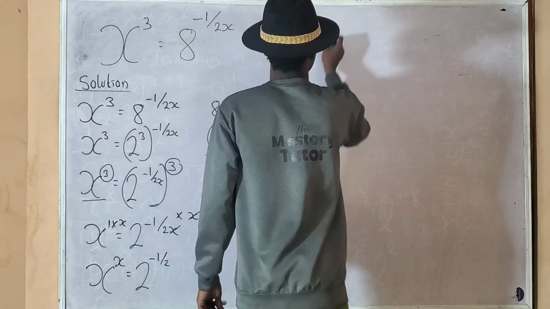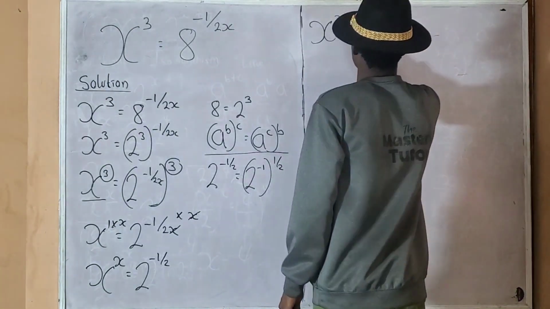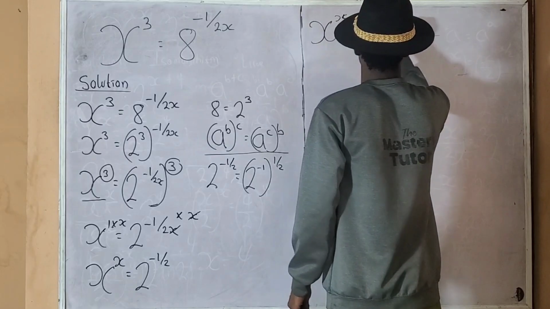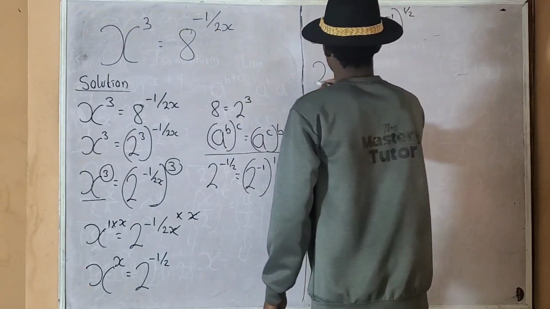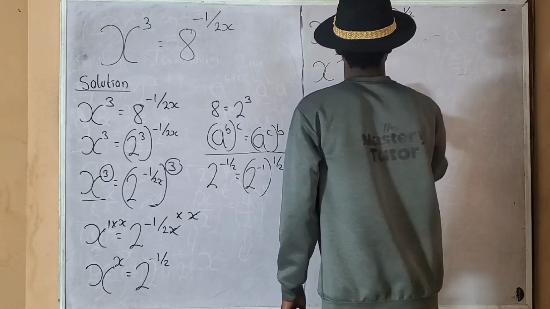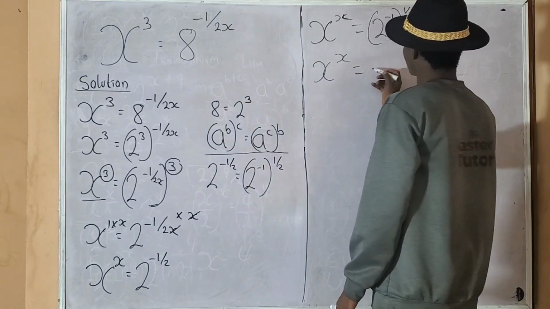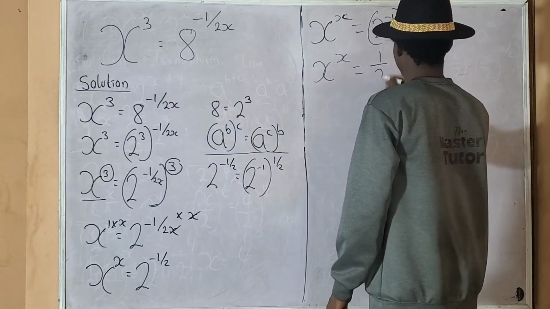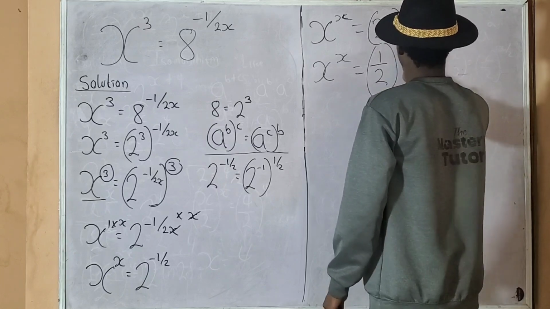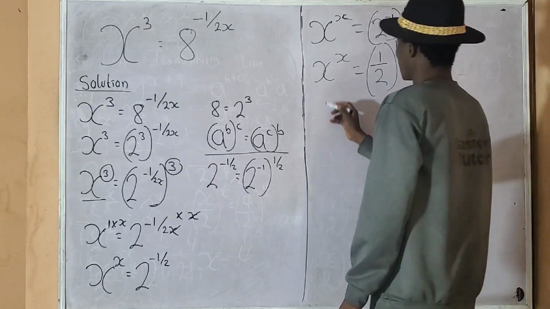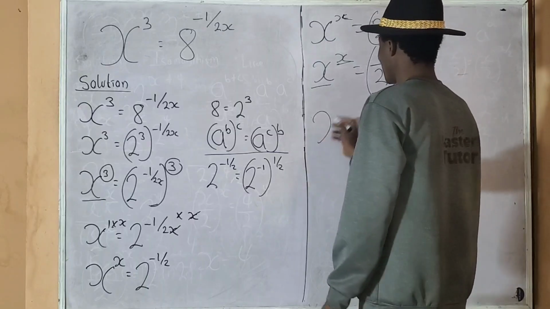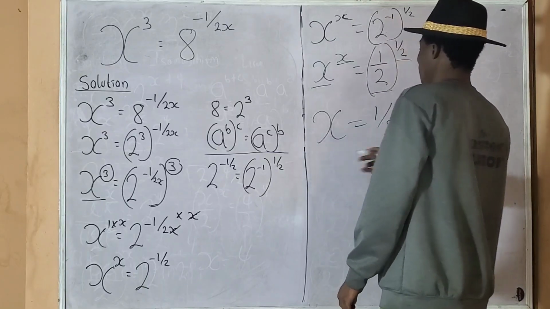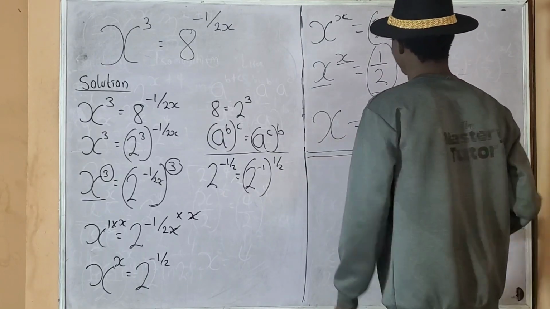So I'm going to have x raised to the power of x equals 2 raised to the power of negative 1 raised to the power of 1 over 2. x raised to the power of x equals, now, 2 raised to the power of negative 1 is 1 over 2 itself. Then the power, which is 1 over 2, right? Now, we can equate each other. So I'm going to have x equals 1 over 2, which is the final answer.